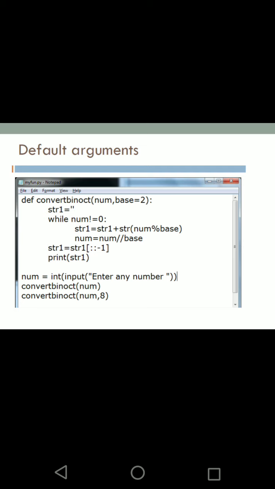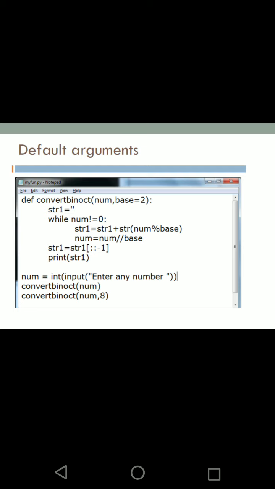Now in this case, consider that it has two parameters again, num comma base is equal to 2. Here base only has a default value. So you can see two function calls are given. The user gives a value and that is assigned to num, and convert to bin within brackets num. So that num value will be copied to num and base will be taken as 2, and this program is to convert a decimal number to its corresponding binary or octal.